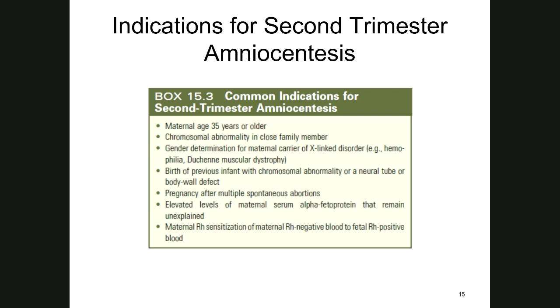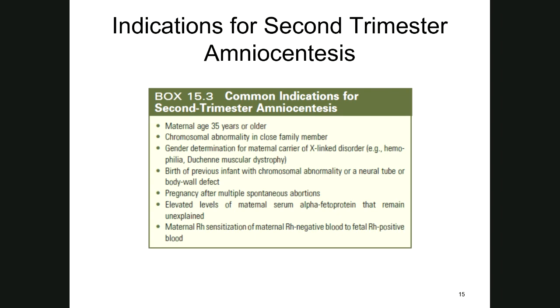So let's say you've got a fetus that's otherwise growing and thriving, but you've got a mom that's sick, or even a fetus that may be showing some signs of compromise but can continue to grow on the inside for a little bit. We're trying to weigh the options of delivering now versus letting that baby continue to mature a little bit more. They can do this amniocentesis later in the pregnancy to see if the fetal lungs are mature enough to support life on the outside.